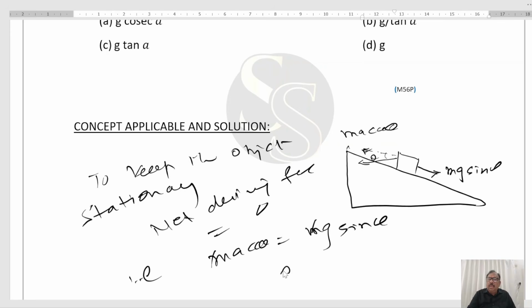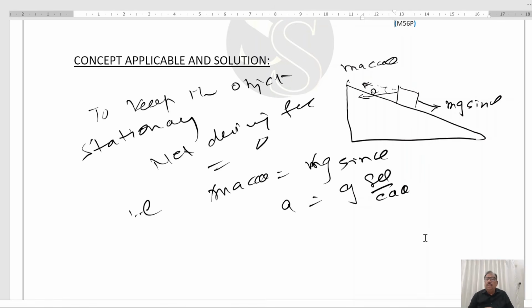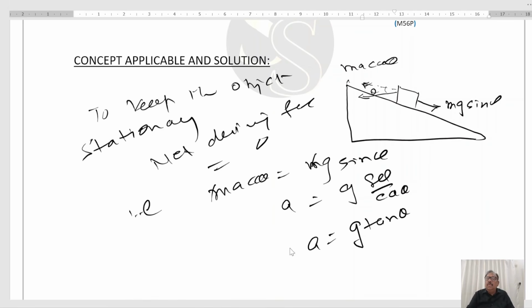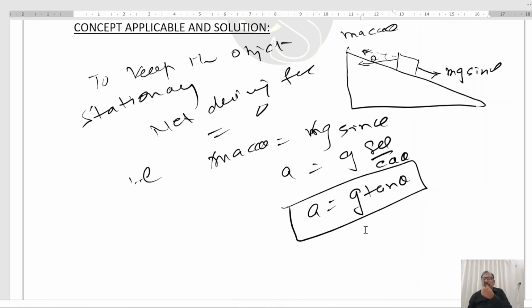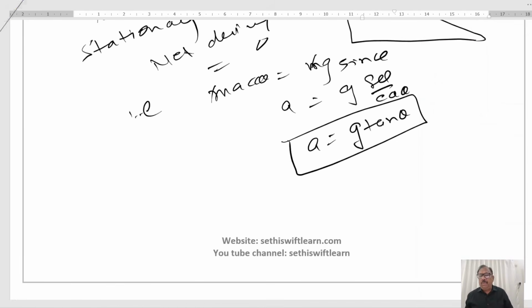So A comes out to be g sin theta upon cos theta. Right? Now, this comes out to be A equal to g tan theta. Take tan of whatever alpha is. Right? The correct answer is option C. I have taken here theta in place of alpha. Right? Now, next question.